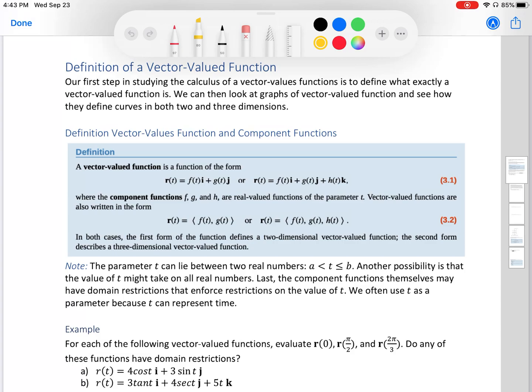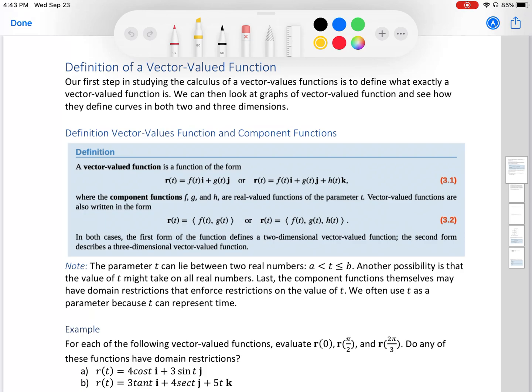A vector valued function is a function of the form r of t equals f of t i plus g of t j, or in 3 dimensions, r of t equals f of t i plus g of t j plus h of t k, where the component functions f, g, and h are real valued functions of a parameter t.